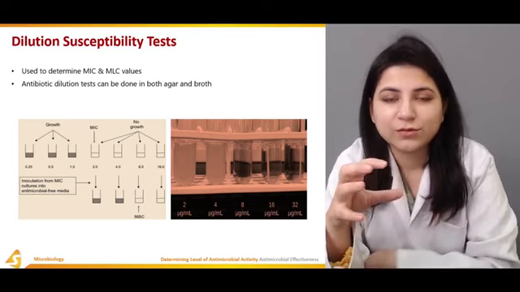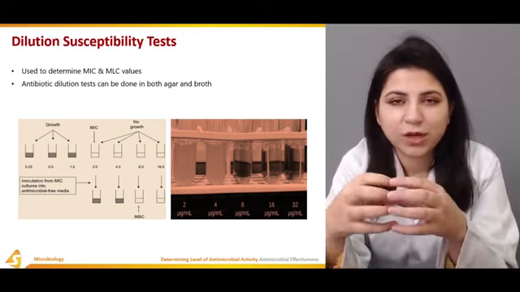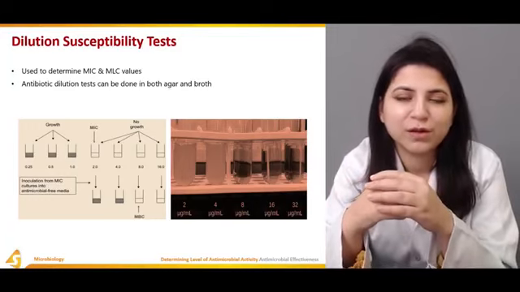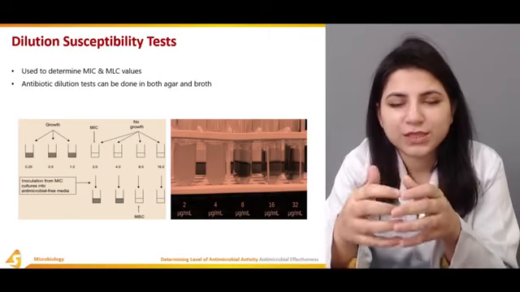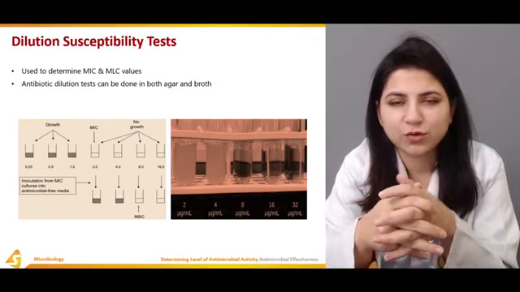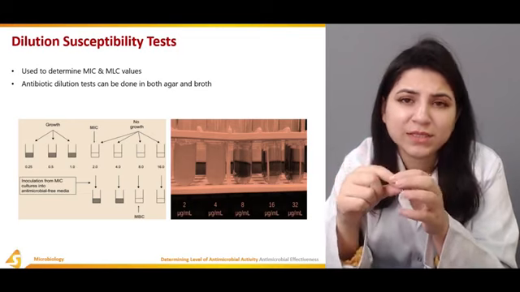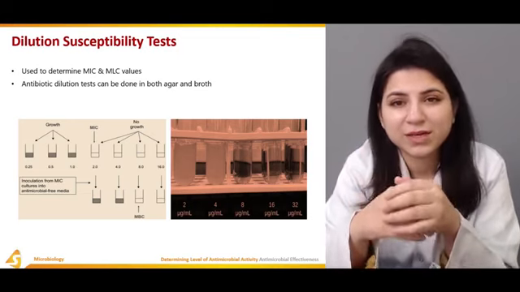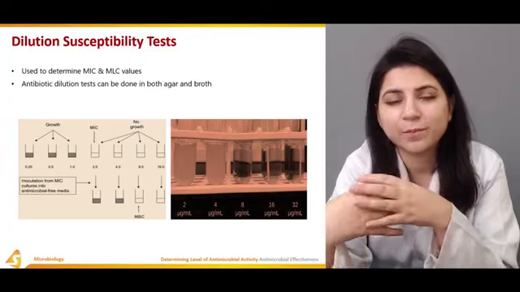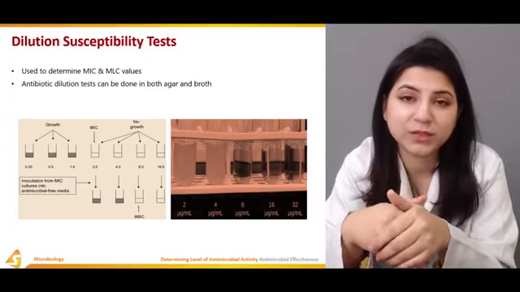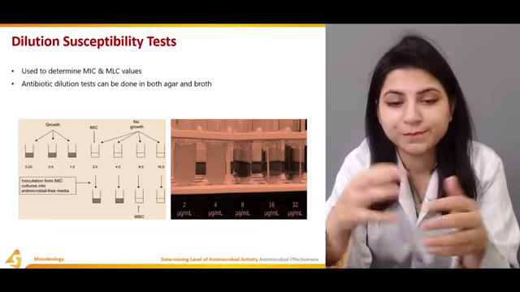Then usually what we do is inoculate from the MIC cultures into antimicrobial-free agar to see if there is bacterial growth, and usually there is, because the MIC is a minimum inhibitory concentration, which means the antimicrobial agent is not entirely killing the pathogens but rather stopping their growth.